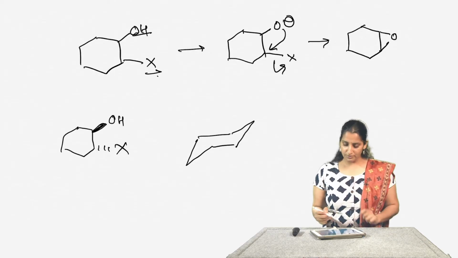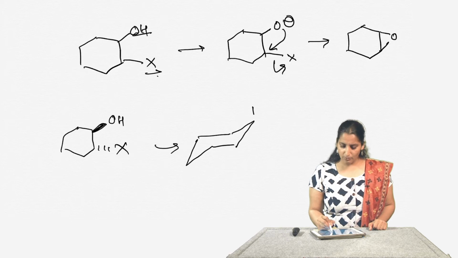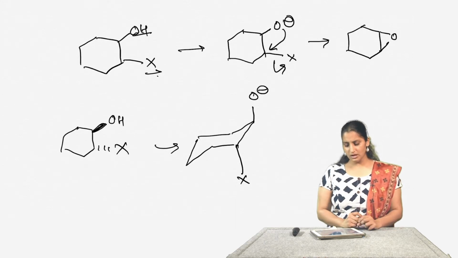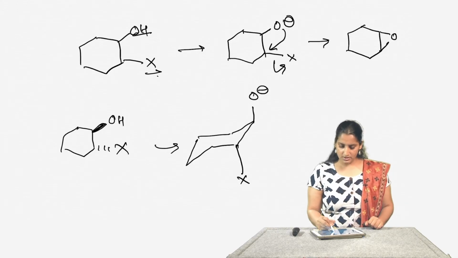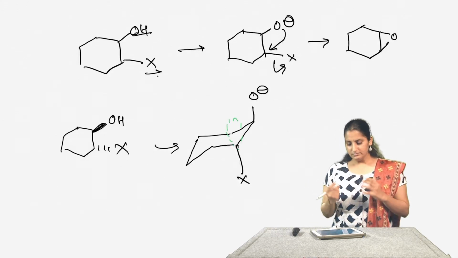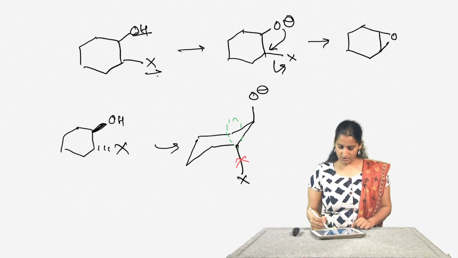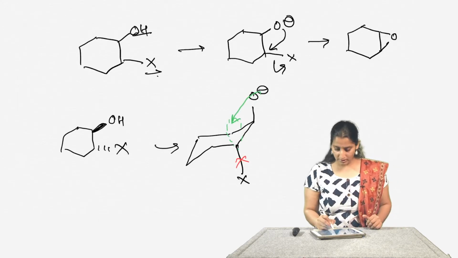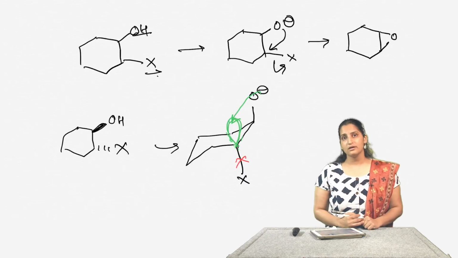So, you want a conformation, and this is how cyclohexanes are represented, we will see this in the chapter. You want a conformation such that this oxide and the halogen are going exactly opposite to each other. That is because in order to break this C-X bond, this oxide has to put electrons into the anti-bonding molecular orbital of this particular carbon-halogen bond.